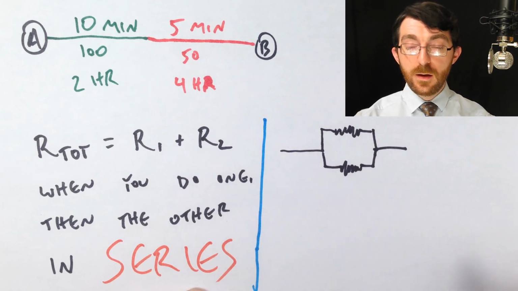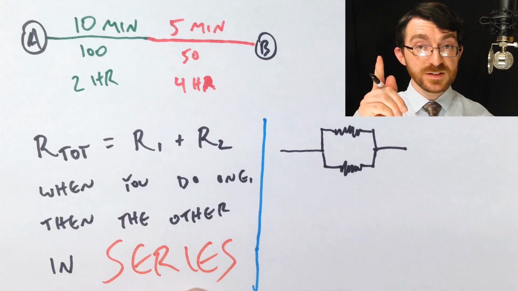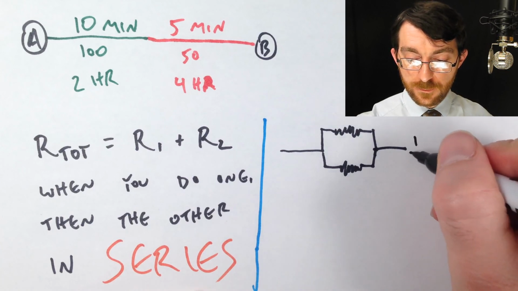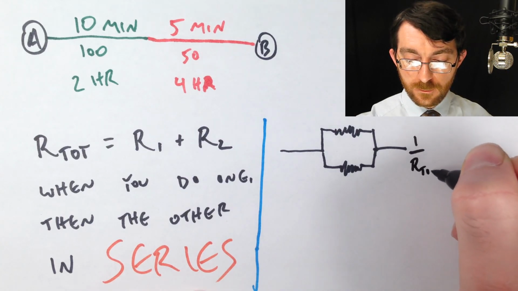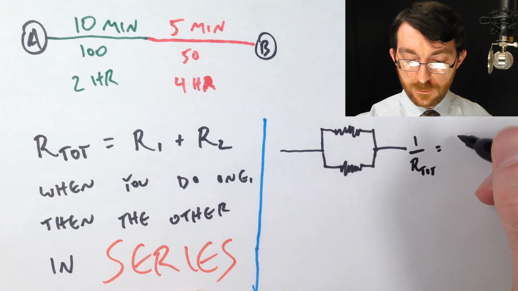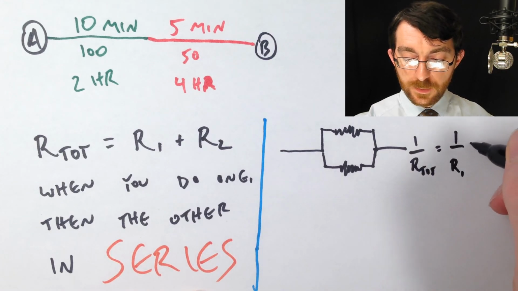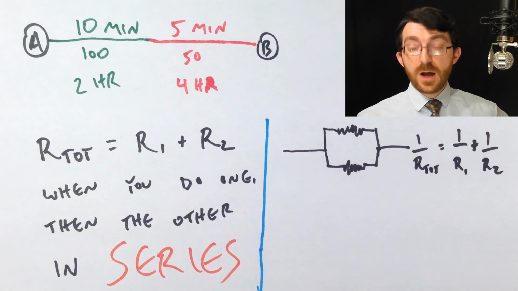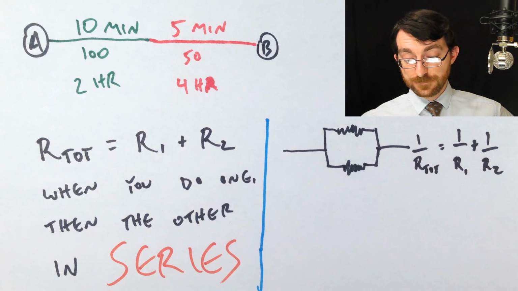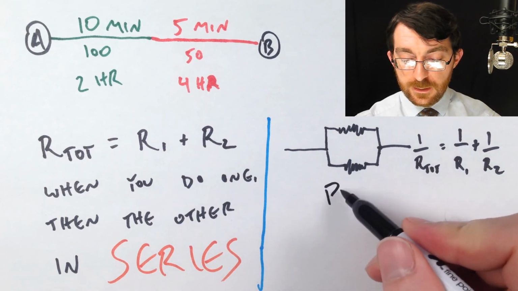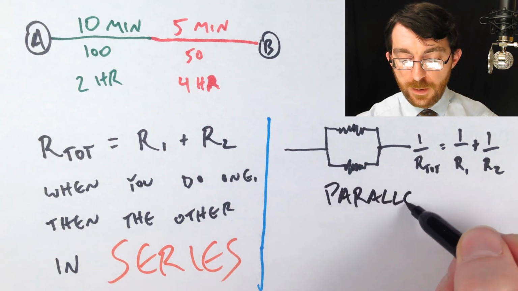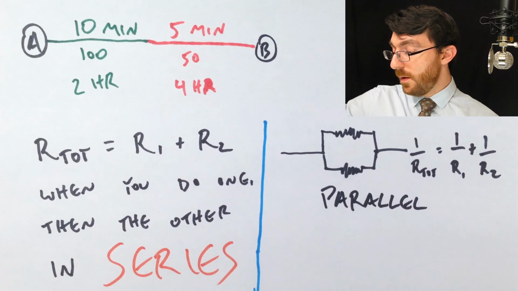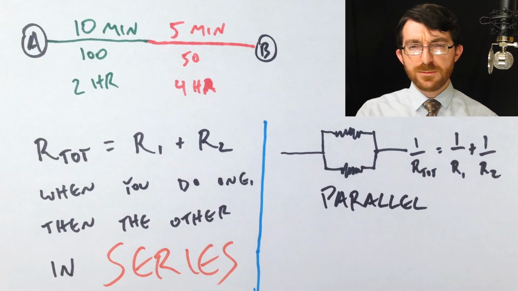And you can approximate this as a single resistor if you add them together like this. The reciprocal of the total resistance equals the sum of the reciprocals of each resistor. This is in parallel. And let me do this in another color just for the sheer isolation of it. Separation, I mean.